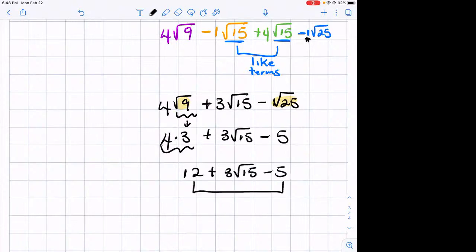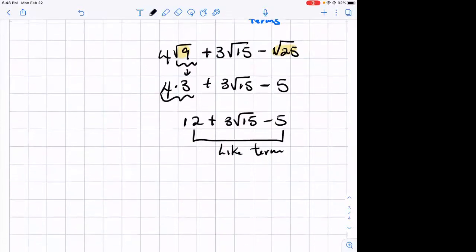And here we have like terms again. So finally, we have 12 minus 5, which is 7, plus 3 root 15. And always check, can you simplify that radicand?